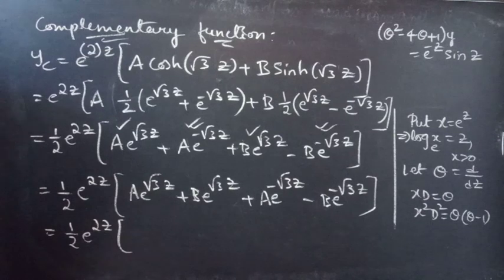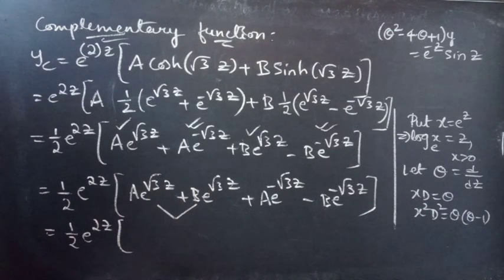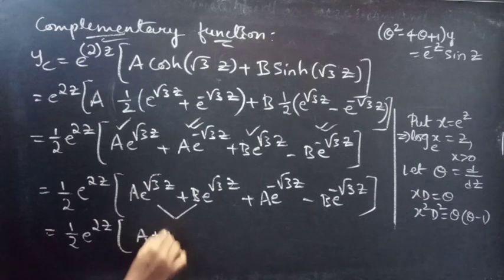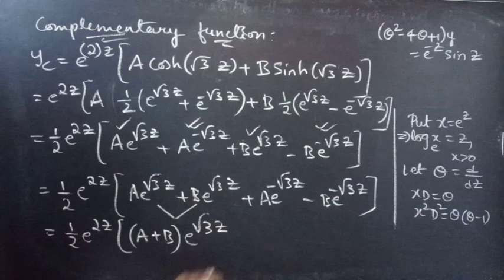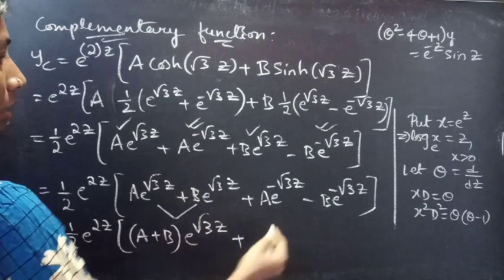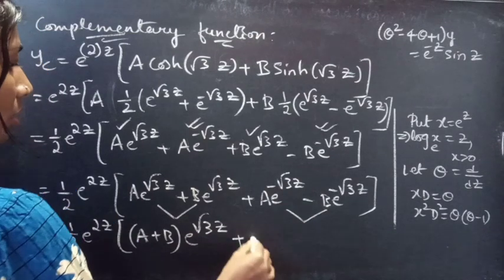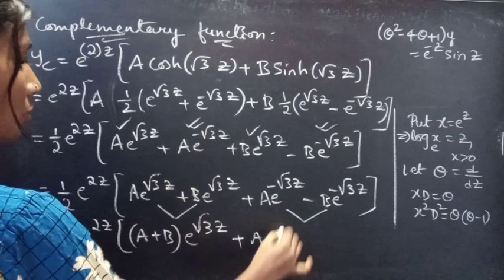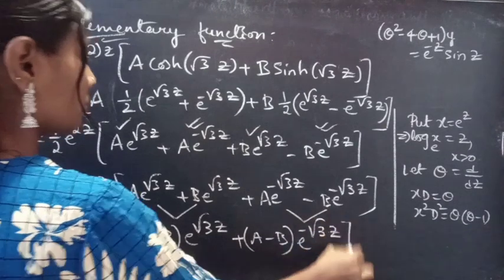Now take e power root 3z common from the first two terms. We'll get (a plus b) into e power root 3z. Okay. Plus. Here take e power minus root 3z common from the next two terms. Right. Then we'll get (a minus b) into e power minus root 3z.